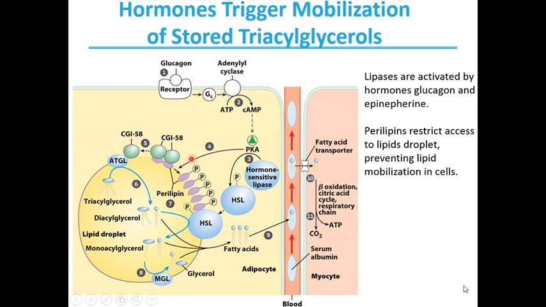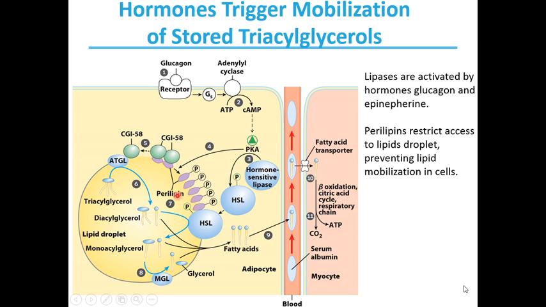So perilipin bound to CGI58 is what is responsible for restricting access to lipid droplets, preventing lipid mobilization in the cells. Once PKA phosphorylates perilipin, it dissociates from CGI58. Now, once CGI58 is dissociated from perilipin, it activates another protein called ATGL.